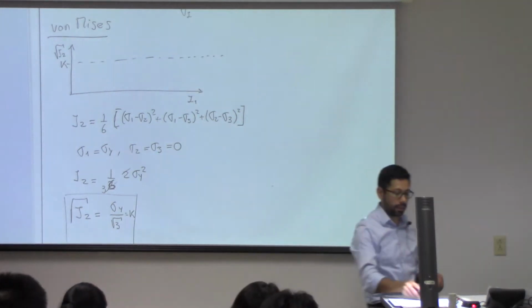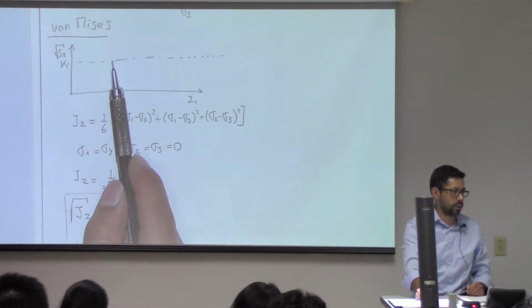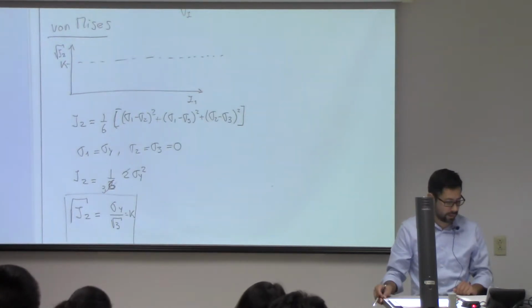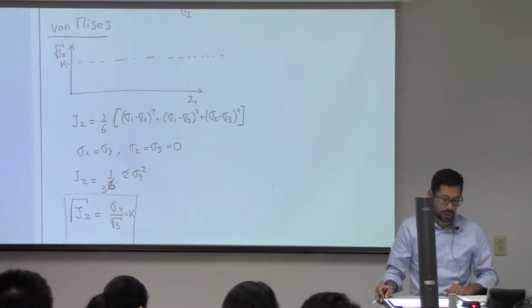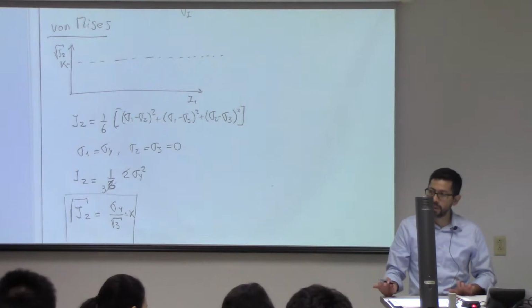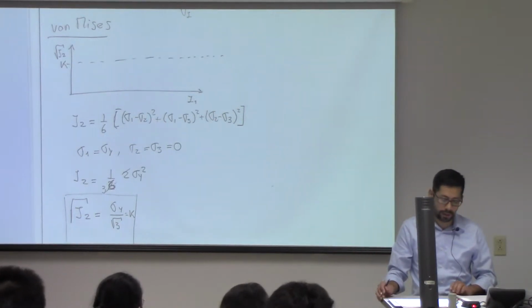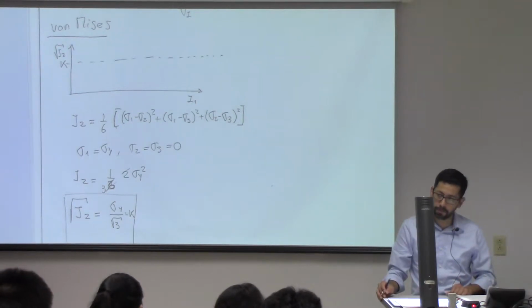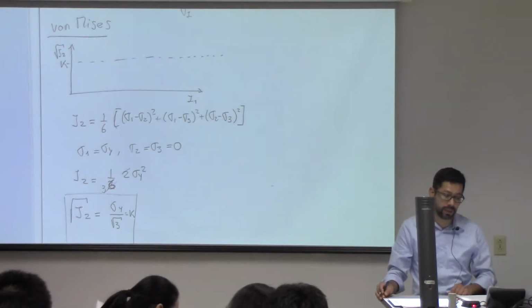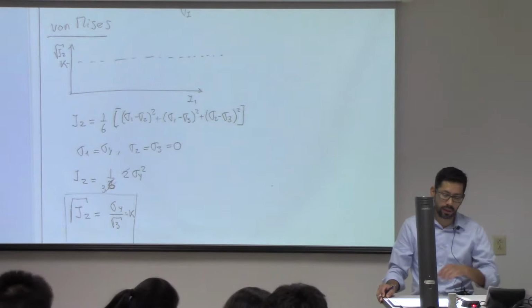If you're at the point where it gets over there, then you are at a failure. So very simple, right? But let's see how that works in the three-dimensional principal space.